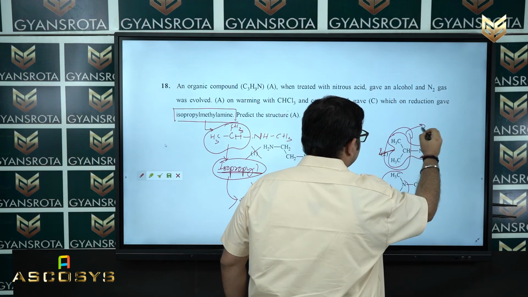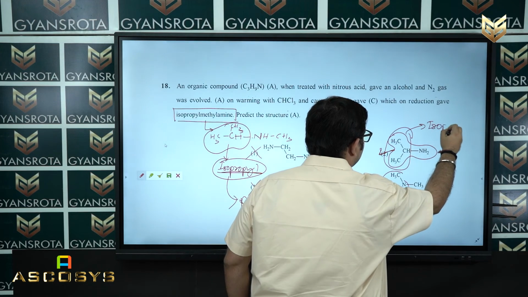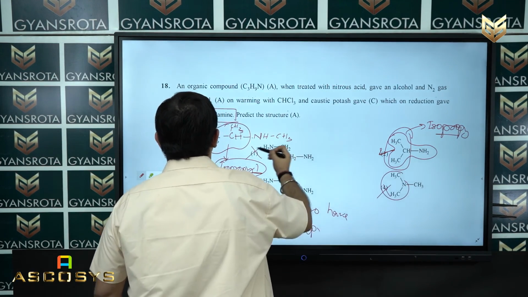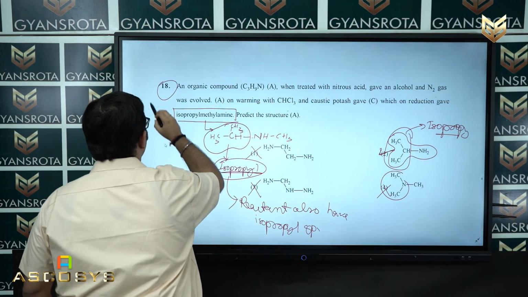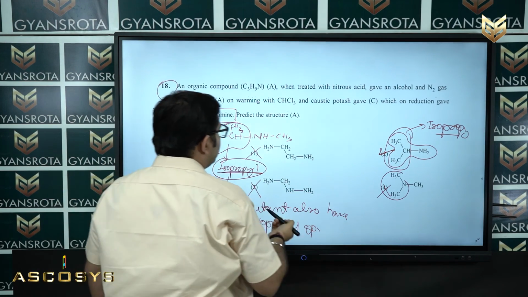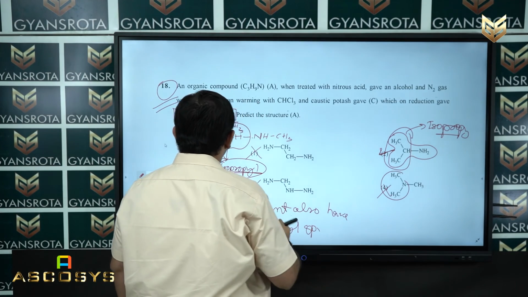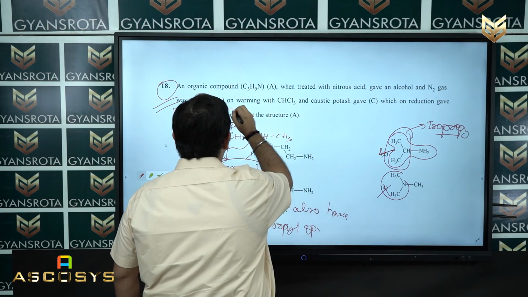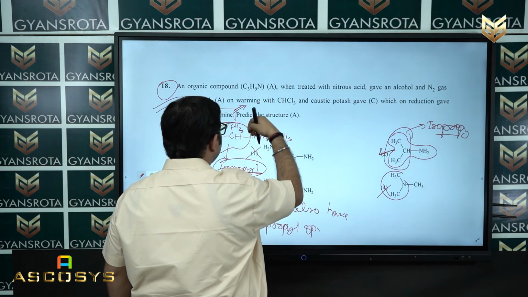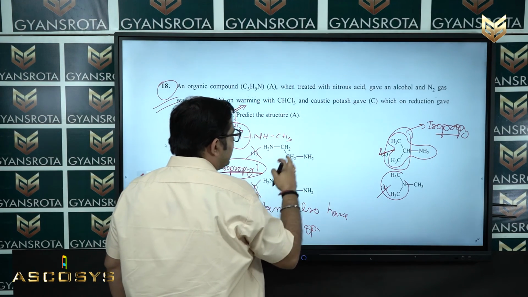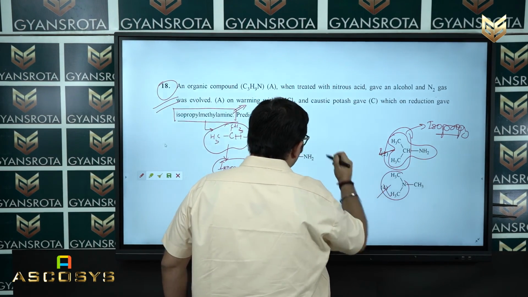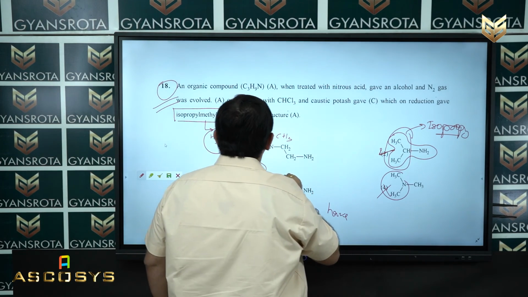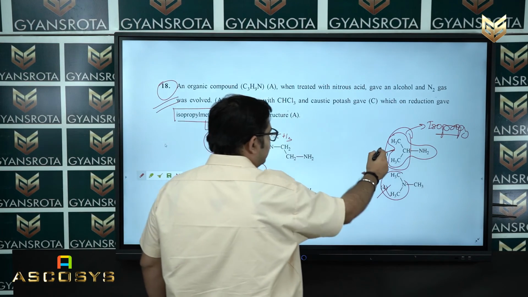So option number 2 is the correct answer to your question number 18. If you see these types of organic questions, if you know how to find the key concept present inside the question itself, you can easily solve it without solving the whole chemical reaction. So we know the answer is 2.